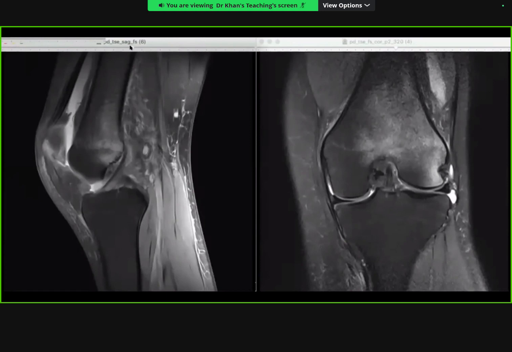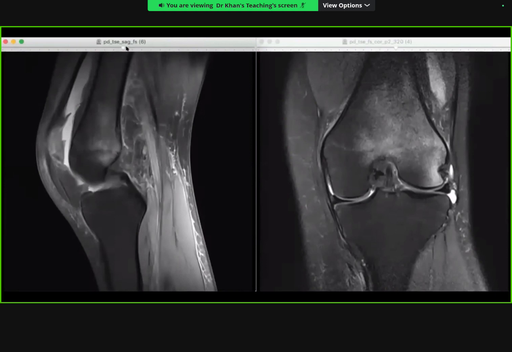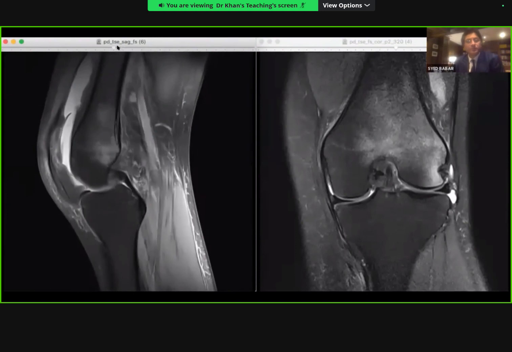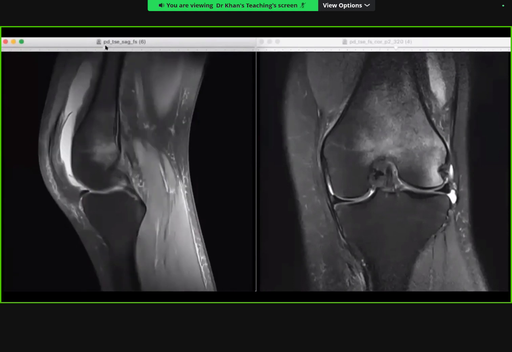Just trying to see the PCL. Apologies, it's just a bit slow. Yeah, understood. The PCL looks intact. It's uniformly dark, although at the femoral attachment there appears to be discontinuity of the fibers, but I'm just going to have another look at it.